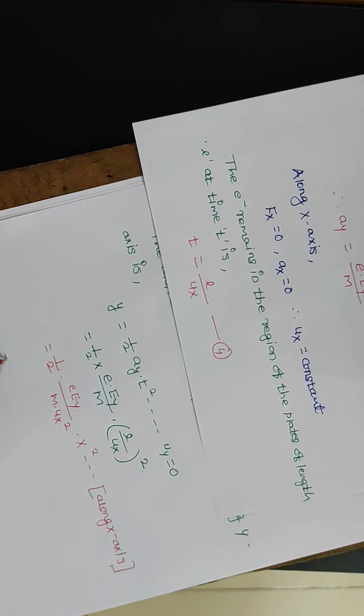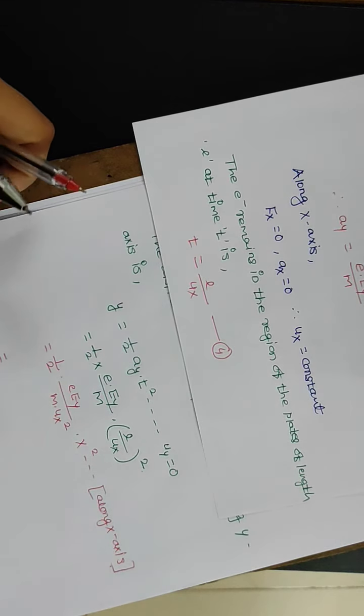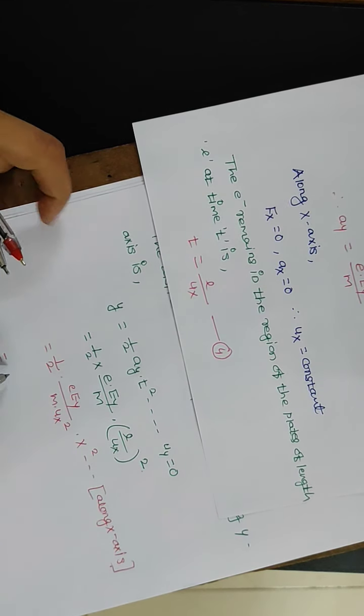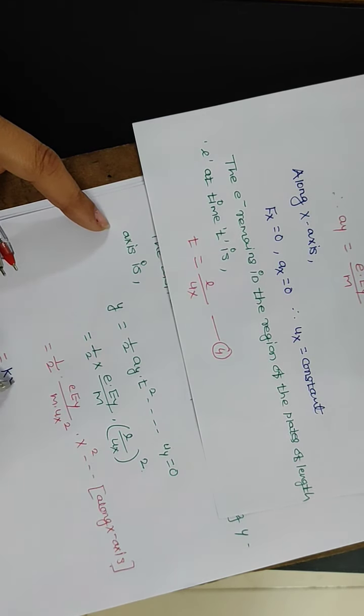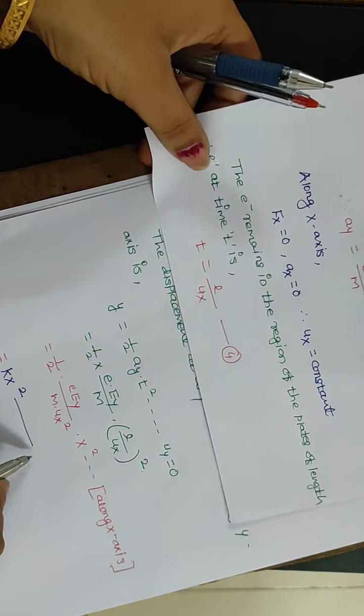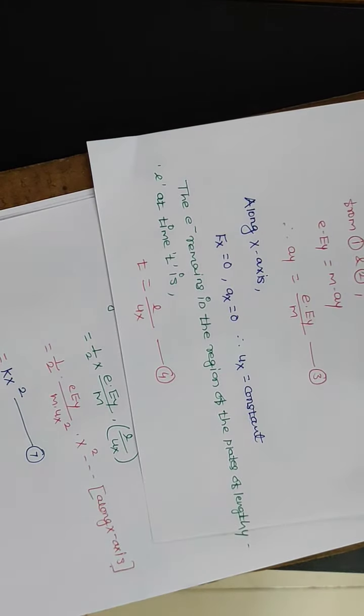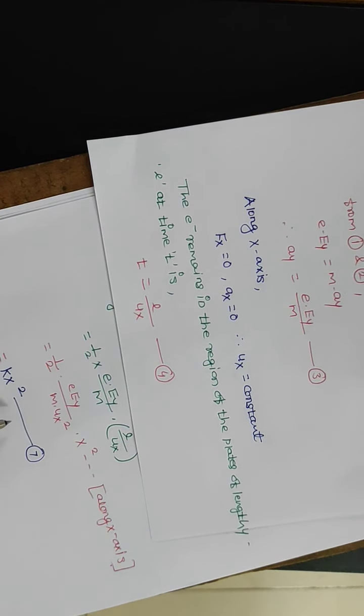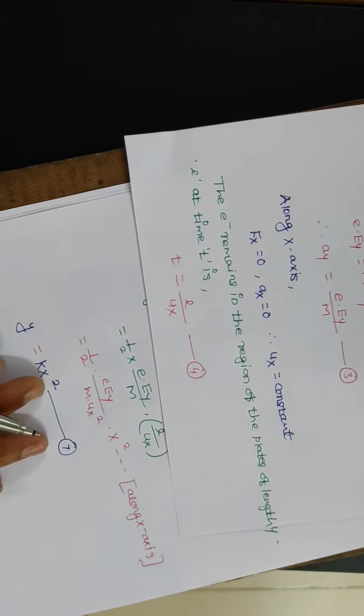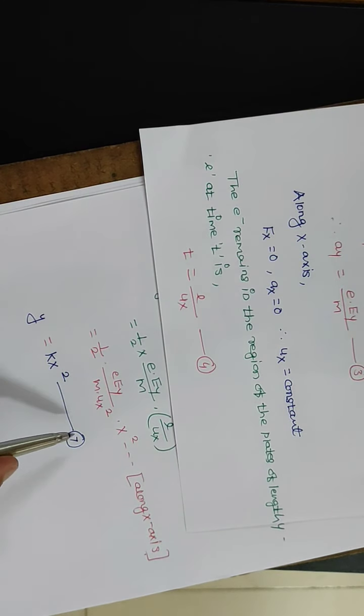So indirectly we can write it like this: y is equal to k into x square. Give the next equation, that is equation number 7. Now this equation 7 represents y is equal to kx square. This is equation number 7.